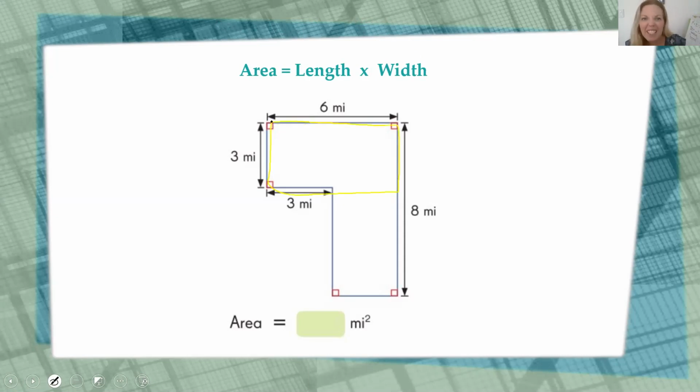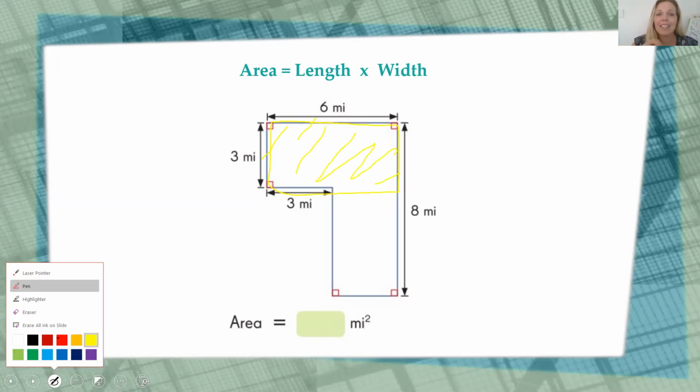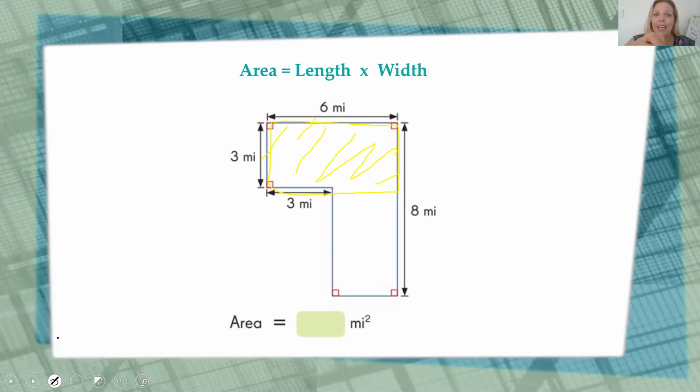Now it's about to get even easier, because if we notice, this yellow rectangle already has its length and width in place. It tells us that the length is 6 and the width is 3. Therefore, I can plug that directly into my formula and say 6 as the length times 3 as the width.